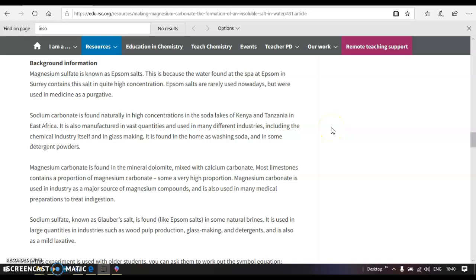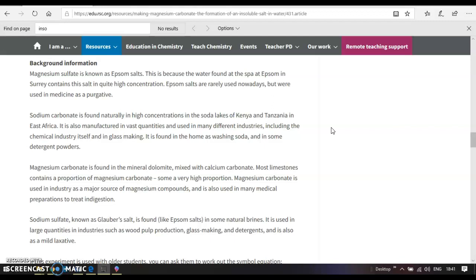Sodium carbonate is found naturally in high concentrations in the soda lakes of Kenya and Tanzania in East Africa. It's also manufactured in large quantities and used in many different industries. Sodium carbonate is very, very ubiquitously used. If you are using a detergent powder at home, you are looking at a massive box with primarily sodium carbonate.